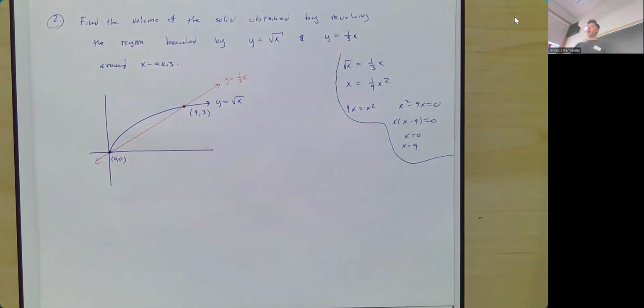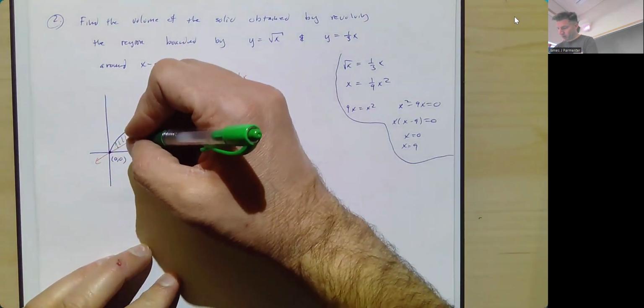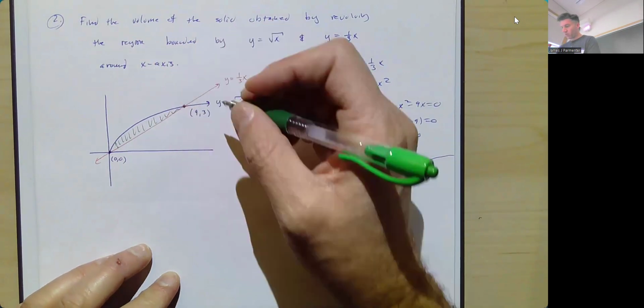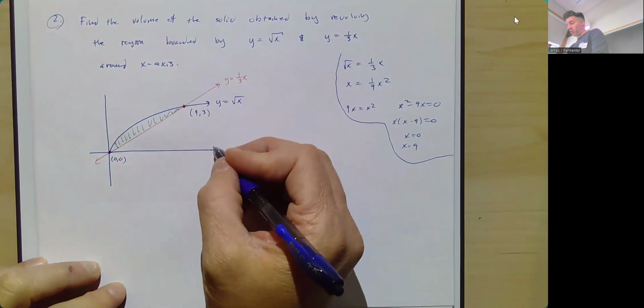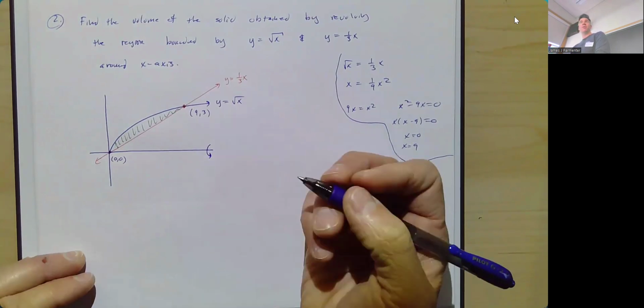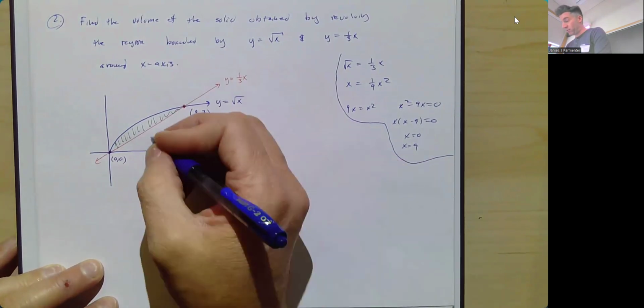And then just like last time, for our region here, and here's our region that we're trying to revolve, we're going to draw a strip in the region perpendicular to the axis of rotation. And at this juncture, since our axis is always going to be the horizontal x-axis, our strip is always going to be a vertical strip.